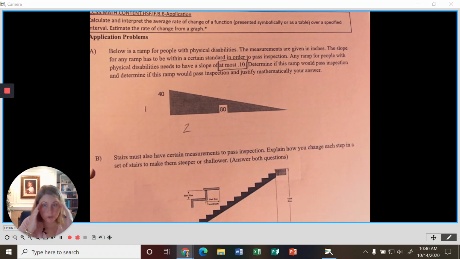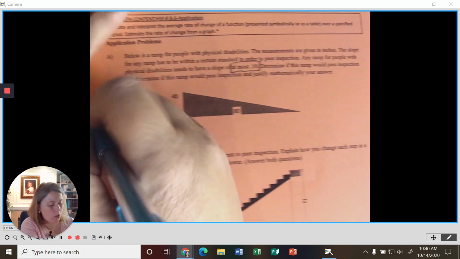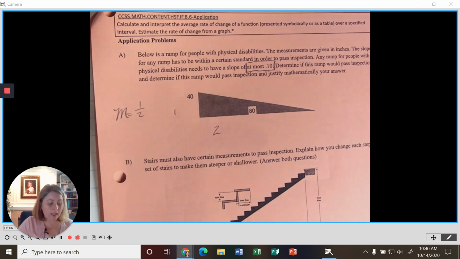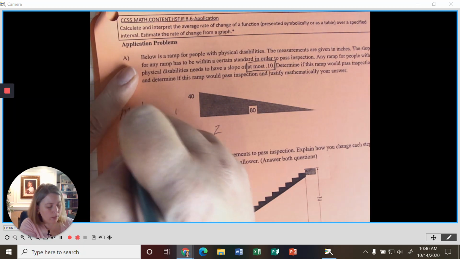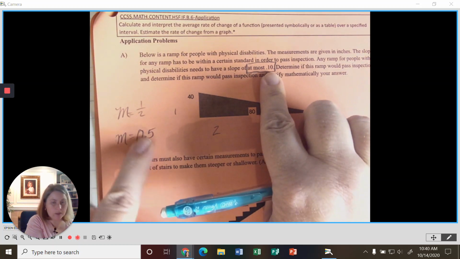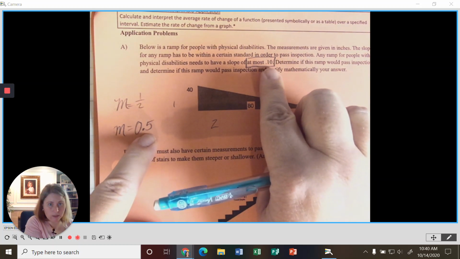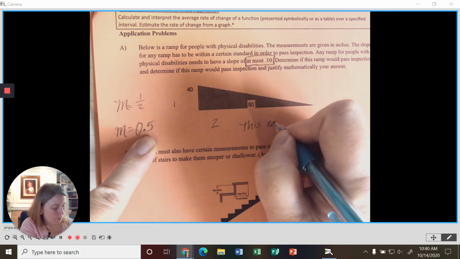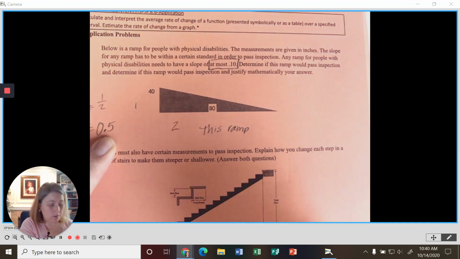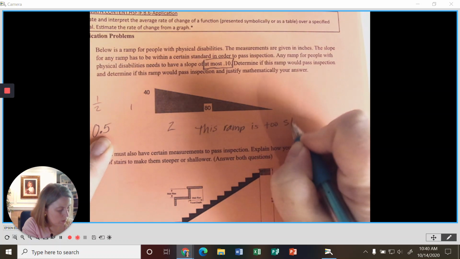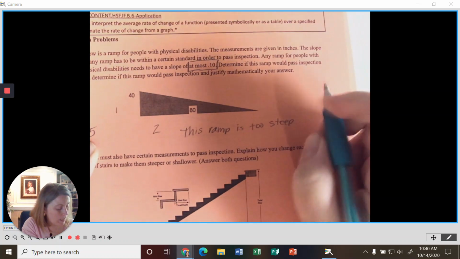So our rise over run is 1 to 2, that's 1/2. Mathematically that's 0.5. Okay, that's way too steep. That's 5 times as steep as it's allowed to be. So this ramp is not even close. It's much too steep and would not pass inspection.